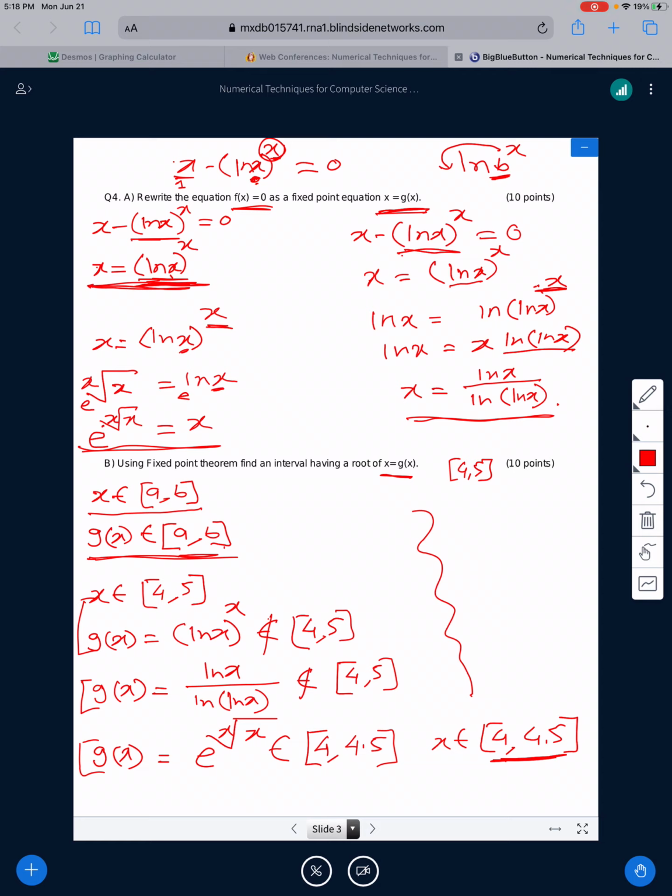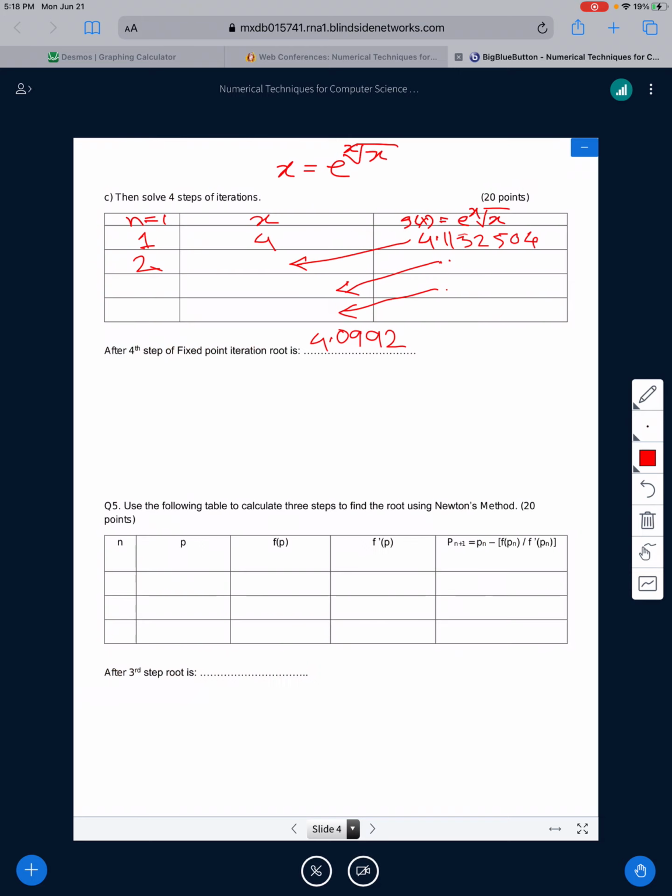So maybe in your case you will also have different ways of solving for x. Not all of them will work, but some of them will work. Okay, so whichever one works, like this one is working, we find the solution using this one in the next step using the iteration method. So you are using this function for your iteration. First you started with a value of x, calculated the new value of x.